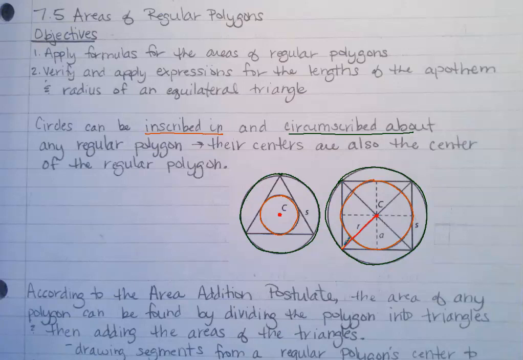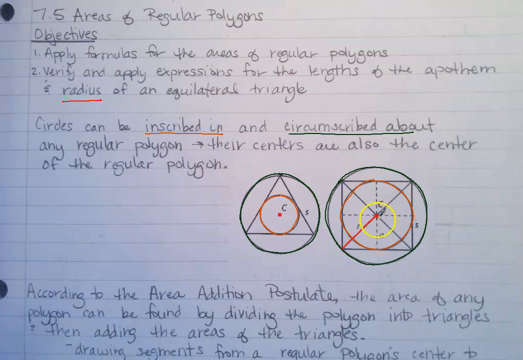Radius. R is the radius. Notice that the radius goes from the center to the vertex, which touches the circumscribed circle, the circle on the outside.